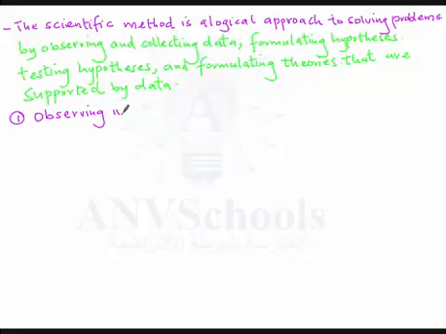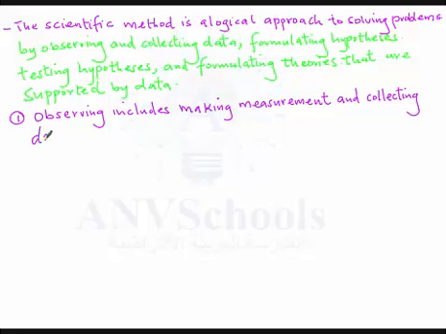Observing includes making measurements and collecting data. So you have to collect data about what you are investigating, and that is step one.